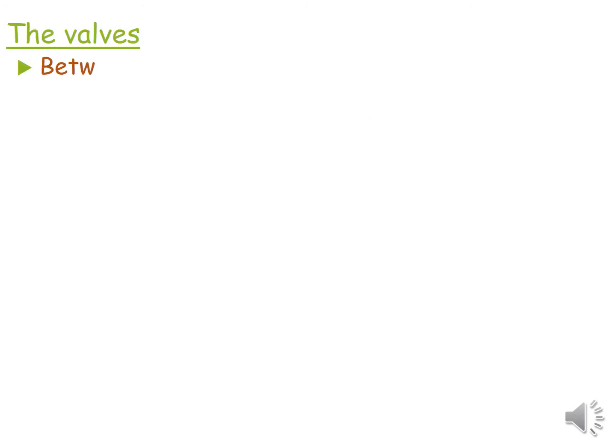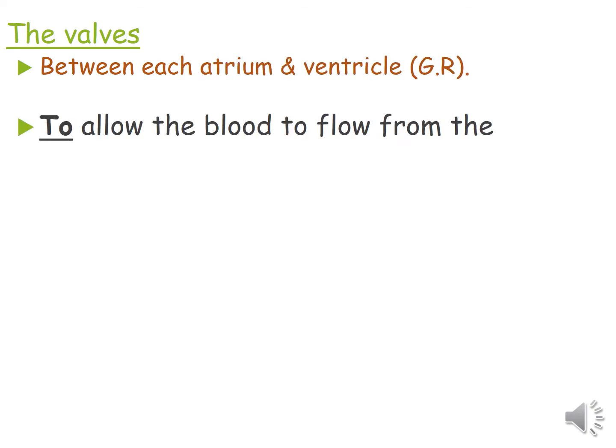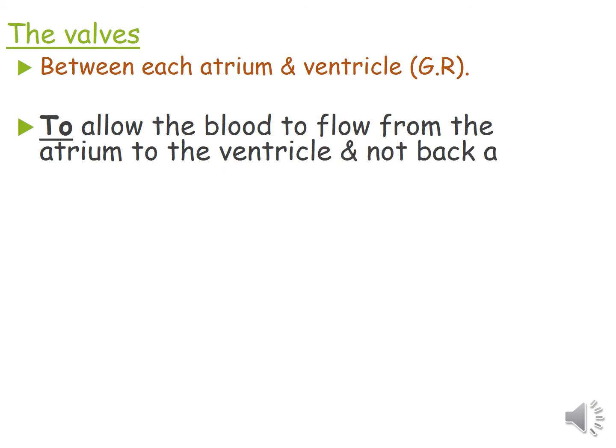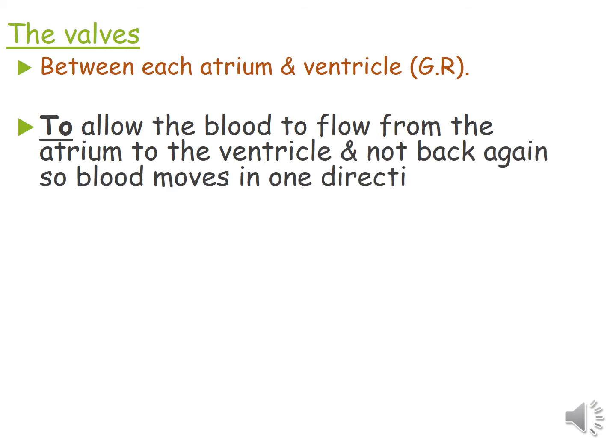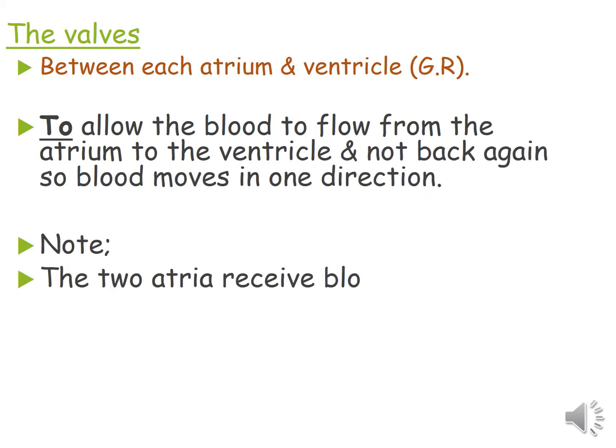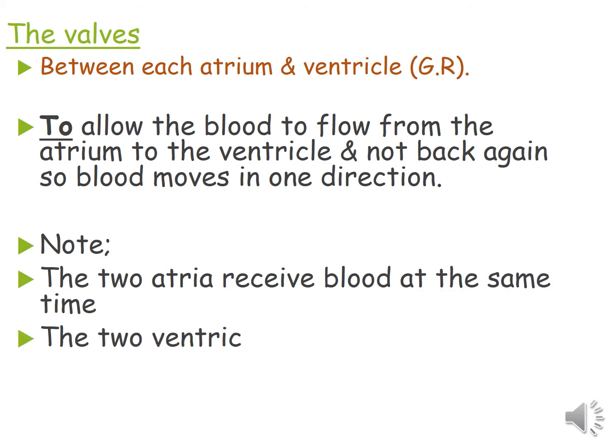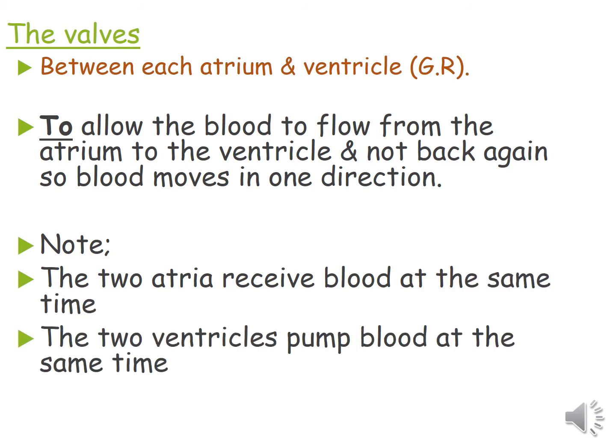The valves. Between each atrium and ventricle, there is a valve to allow the blood to flow from the atrium to the ventricle, not back again. So blood moves in one direction. The two atria receive blood at the same time.